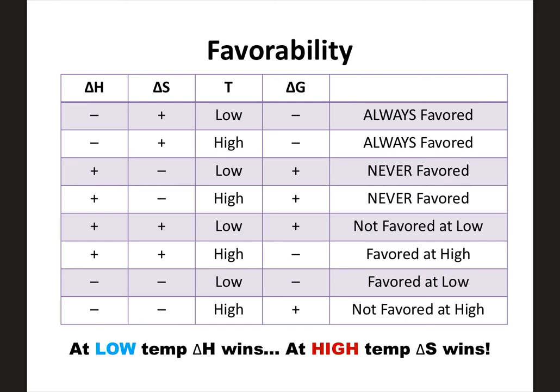So for example, if we say we have a positive delta H, we already know that that is not favored. But what if you have a positive delta S in your reaction? So your enthalpy is positive, which we don't like, but your entropy is positive, which we do like. So it's going to come down to the temperature. If you have this scenario, the delta S is favored, but the delta H is not. It comes down to the temperature.